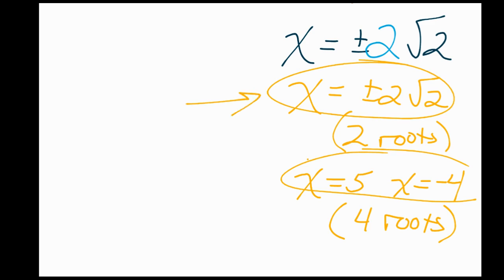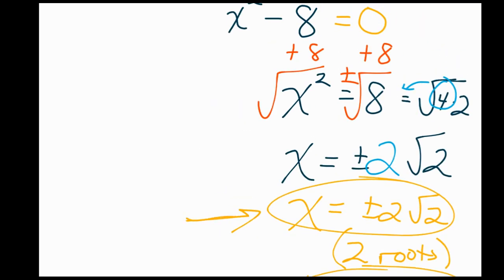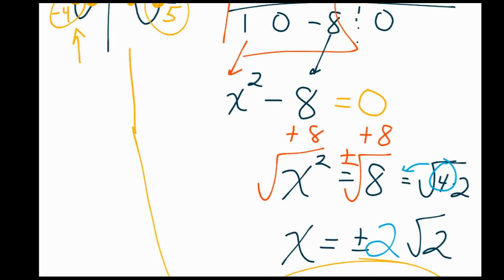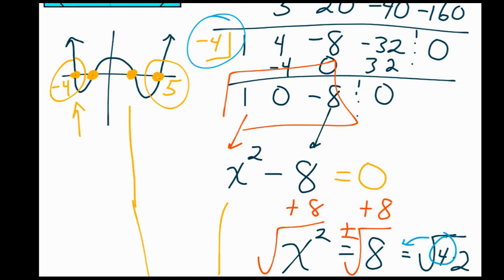And these 2 root 2's that I have right here end up being my other 2 roots on the graph. Yes, these 2 points that we saw are valued at 2 root 2 and negative 2 root 2. It's just that I didn't know that until I went through the division and the depression to be able to locate and identify those exact values.